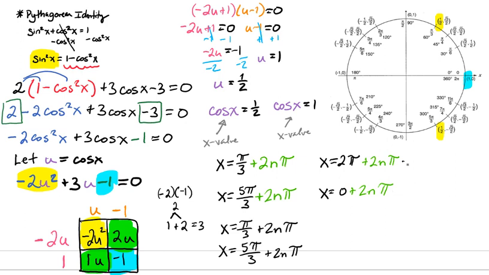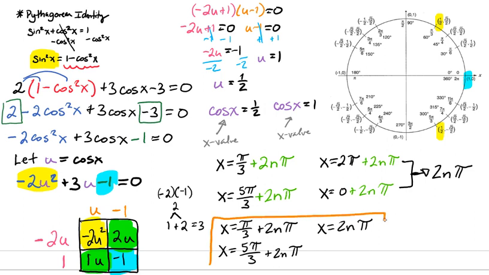So in this situation, these answers kind of become 1, and it just becomes 2n pi. And that's going to be our final answer there, that x equals 2n pi. And so these answers are going to be our final solutions for our equation. And we're now finished.